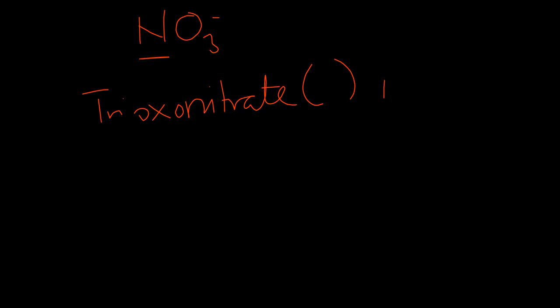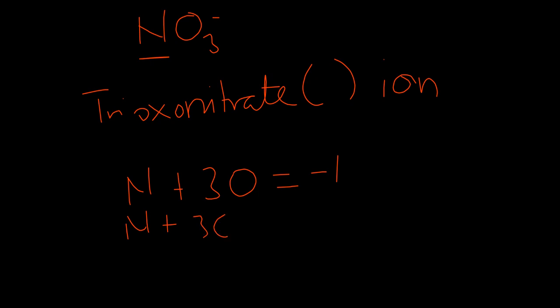So now let's do our calculation. So it's nitrogen plus 3 of the oxygen equals the charge of this anion. It is -1. So that will be nitrogen plus 3 times the charge of oxygen, -2, equals -1. So nitrogen, this will give us -6, equals -1. So nitrogen equals -1 plus 6.